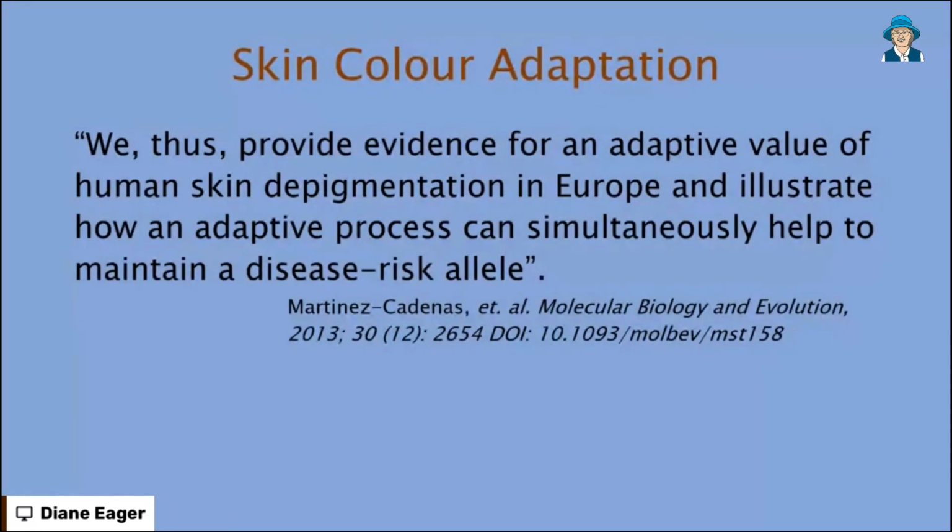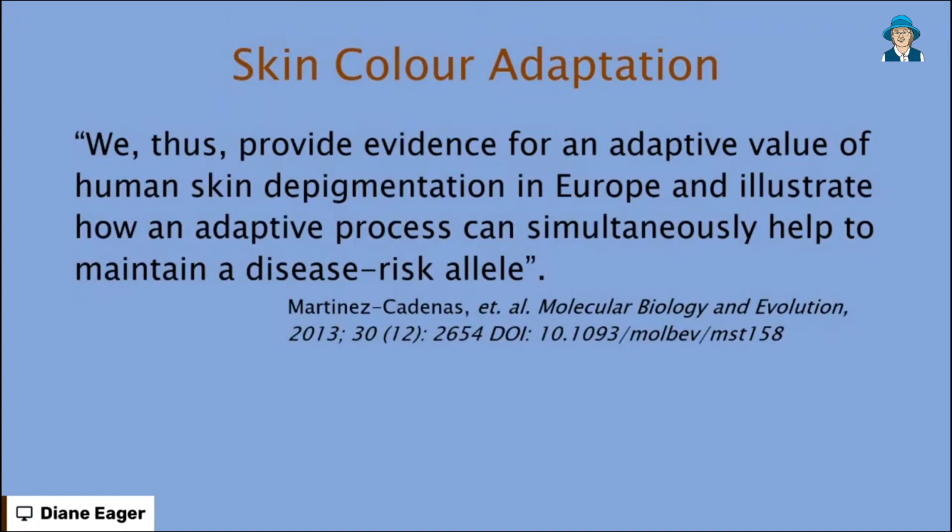But anyway, we found evidence for adaptive value of human skin depigmentation, meaning lighter, in Europe, and illustrate how an adaptive process can simultaneously help to maintain a disease risk allele. What on earth do they mean by that? It doesn't sound very good. Hardly a positive mutation. Now, an allele is just a gene variant.